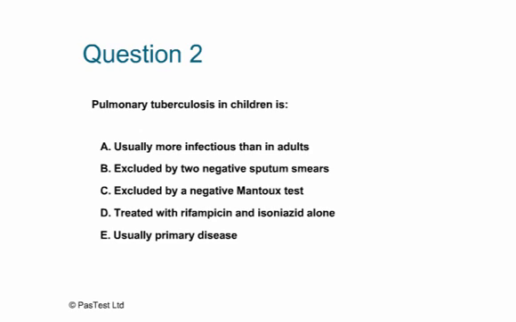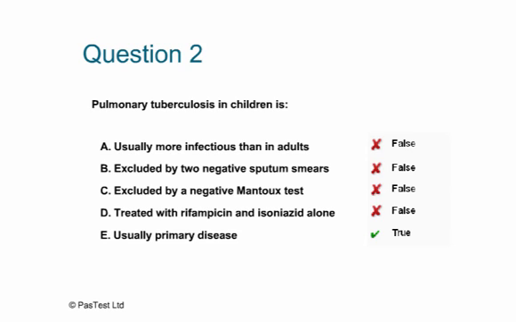The answers are that the first 4 are false, and the final one is true. Any question that has 2 stems that say 'excluded by', you know you're onto a fair chance that they're going to be false.